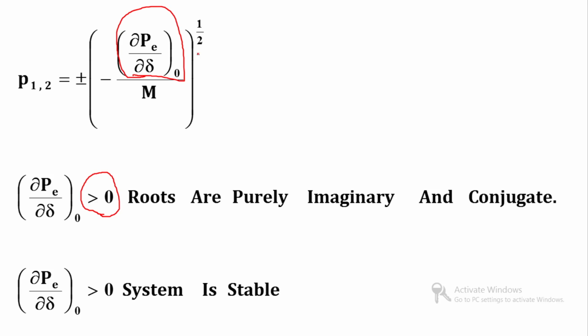The roots of any negative term are purely imaginary, with a plus or minus sign. So roots are purely imaginary and conjugate of each other, and from control system engineering, we have learned that in this case the system is stable. So if del pe by del delta 0 is greater than 0, then our system is stable.